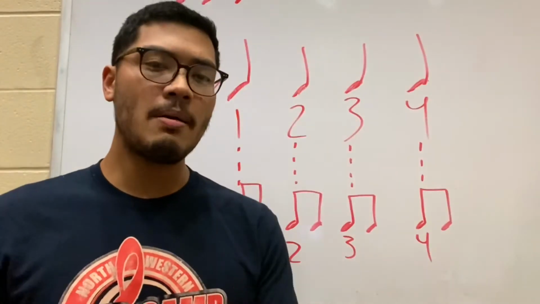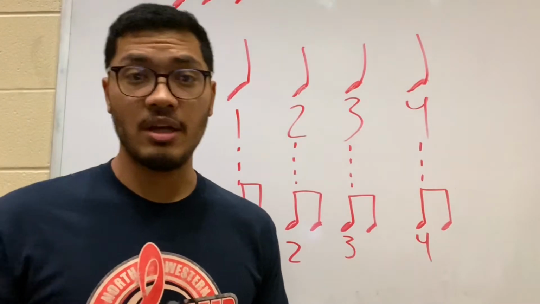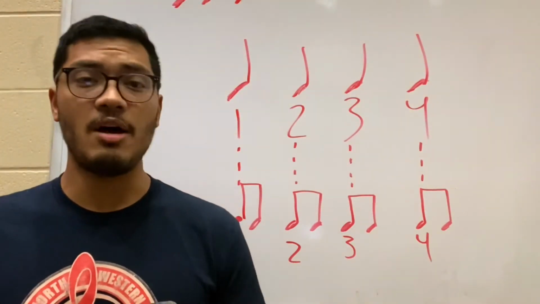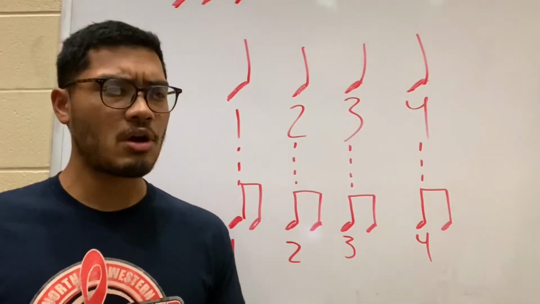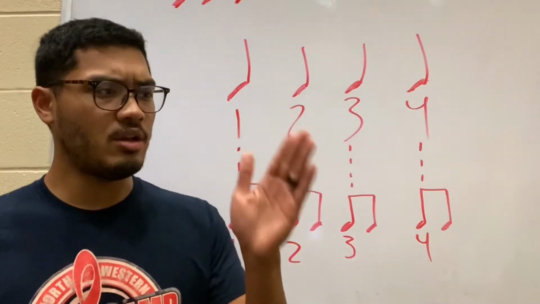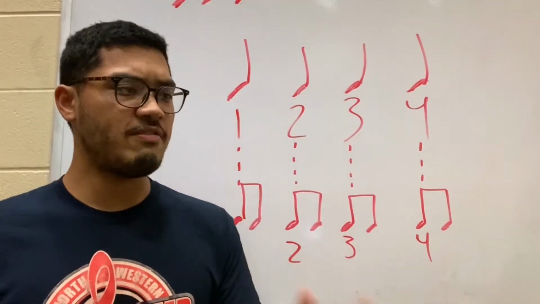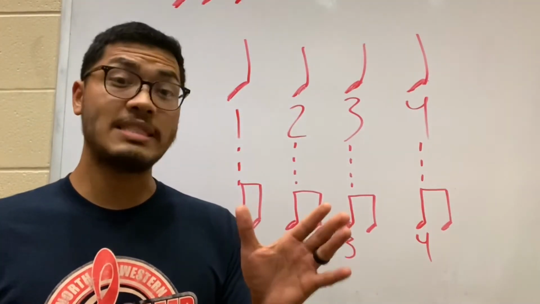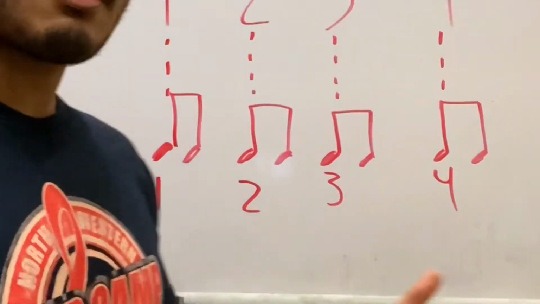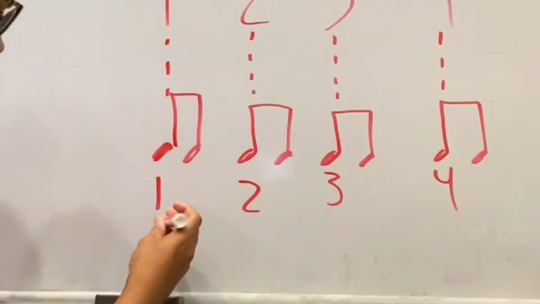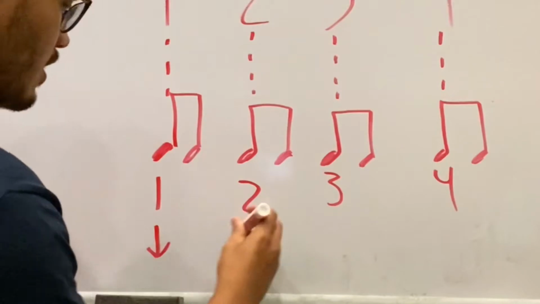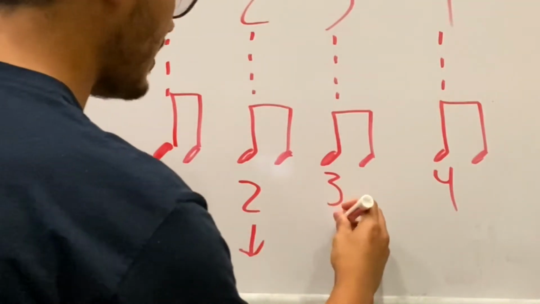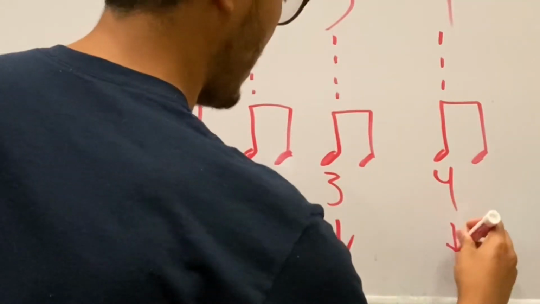So as you remember, whenever we were counting our quarter notes, every time we said a number, our foot was down. 1, 2, 3, 4. Our foot was down. So the same concept still applies right here. Every time I say a number, my foot is still going to be down. That's always the case.